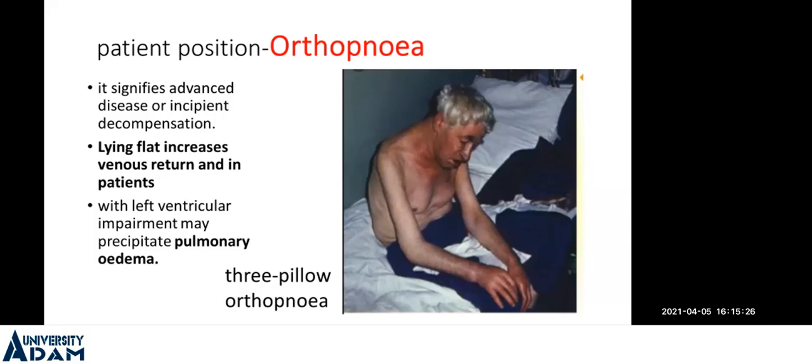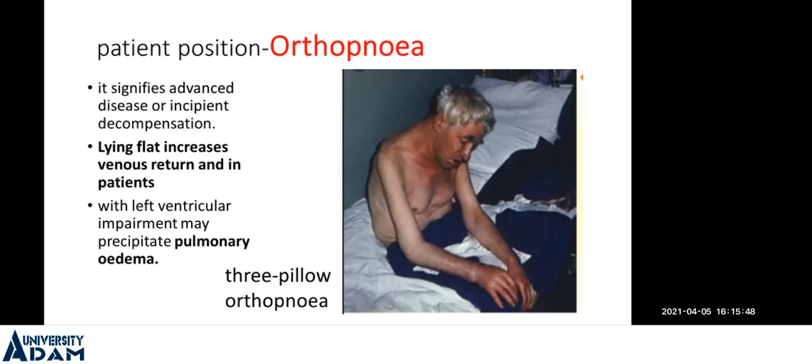In heart failure, they cannot lie down in the supine position because venous return increases, and in a patient with left ventricular impairment this may precipitate pulmonary edema.